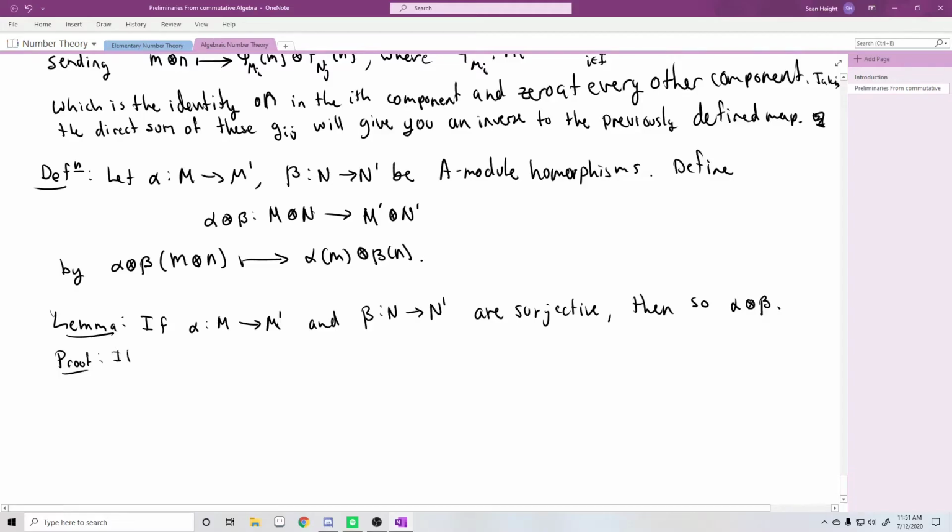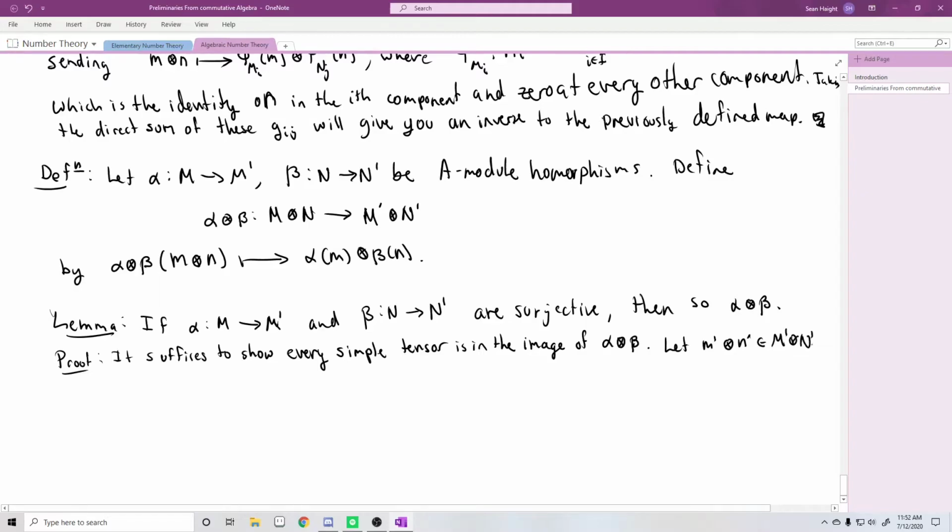So it suffices to show this. I'm going to start with a simple tensor, little m prime tensor little n prime in this tensor product. And essentially the proof goes exactly as you would expect.